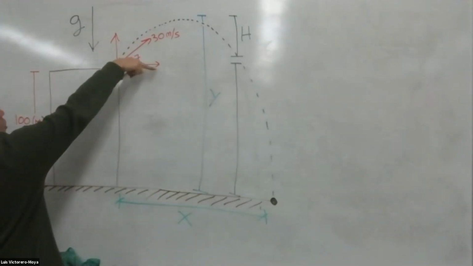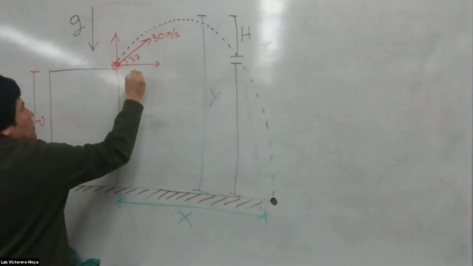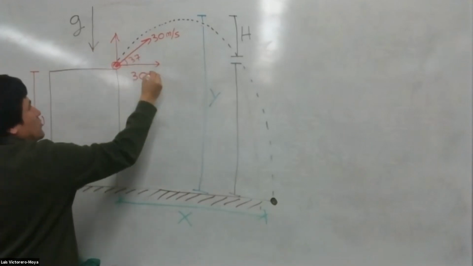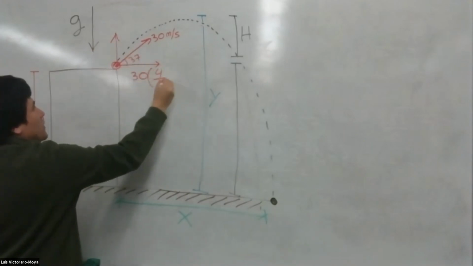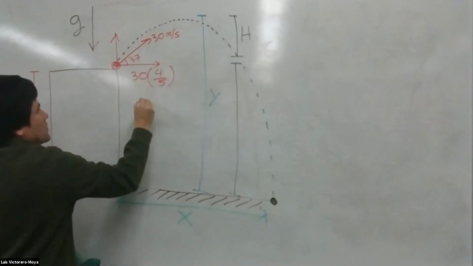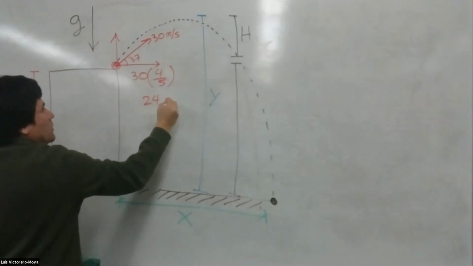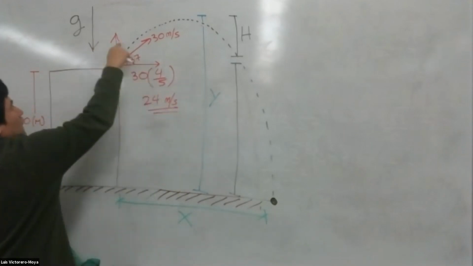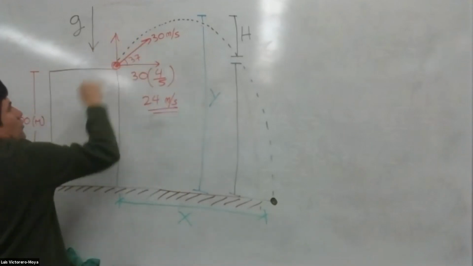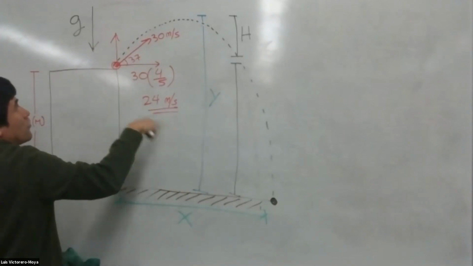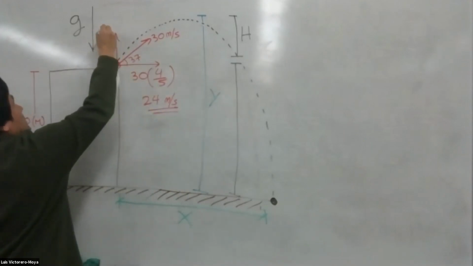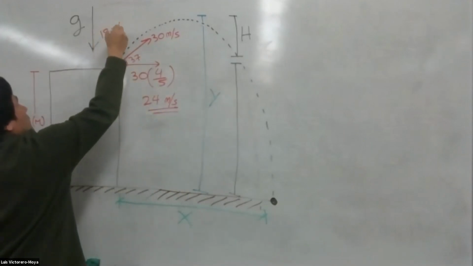This will be 30 cosine, 30 sine. So 30, the cosine of 37 is 4 over 5. We did that last class. So this is 24 meters per second. And this is 30 sine of 37, which is 3 over 5, 18. So this gives me 18 meters per second.